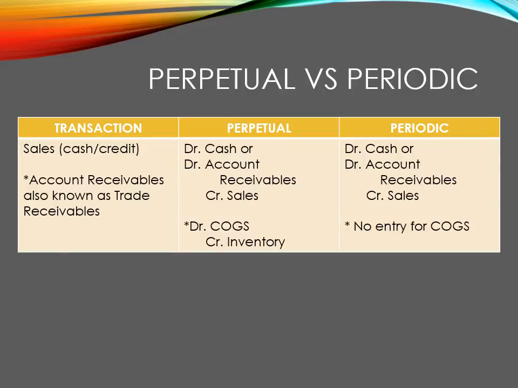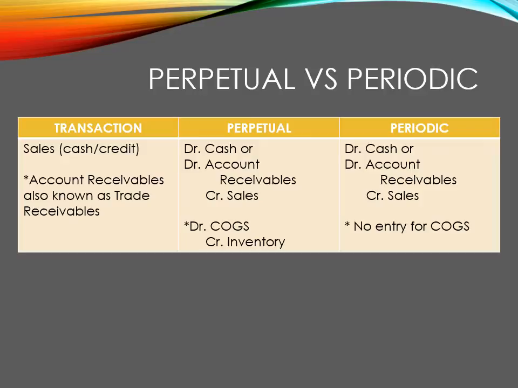For the sales transactions, whether you have cash sales or credit sales, for the periodic inventory system, normally we will record as debit the cash if you sell on cash.